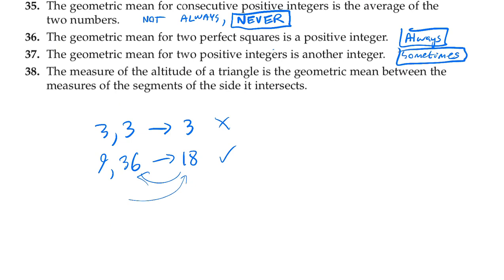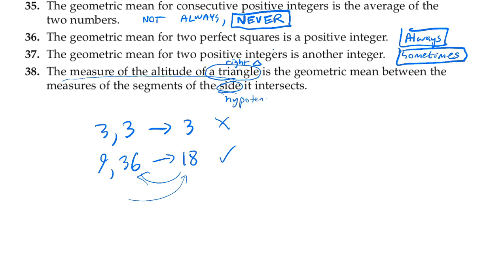Okay. The measure of the altitude of a triangle is the geometric mean between the measures of the segments of the side that it intersects. Oh yeah, that's sometimes, right? That's one of our theorems today, but the key is that it's the altitude of a right triangle, and that's only true if you're talking about the altitude to the hypotenuse.